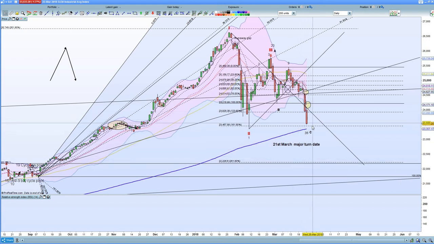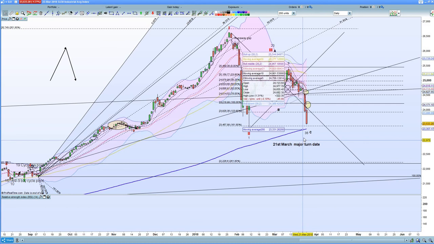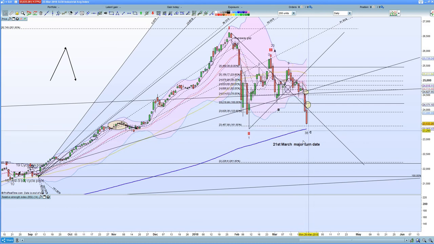If you're not short in this market now, I think the juice is not worth the squeeze here, because we could get the plunge protection team on the S&P 500 start to buy the futures, buy into the futures, which ultimately flows over to the normal trading hours, which will prop the market up.